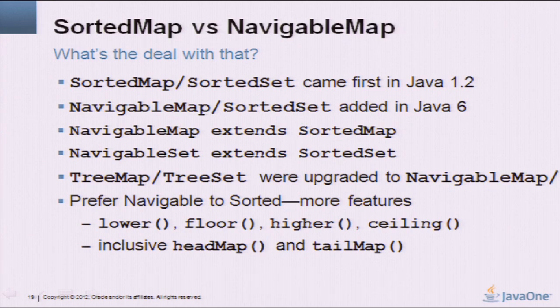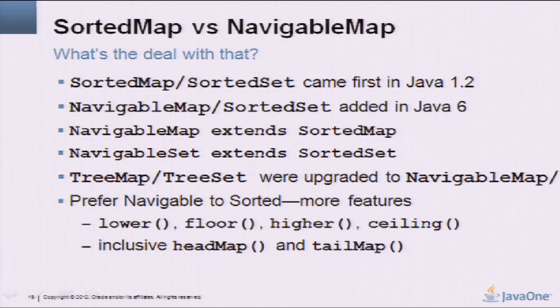Because of that, all of the existing implementations which provided the sorted map interface, TreeMap, etc., were in fact upgraded to the navigable map interface. So you can use those navigable map features on all of the classes which were originally sorted map.